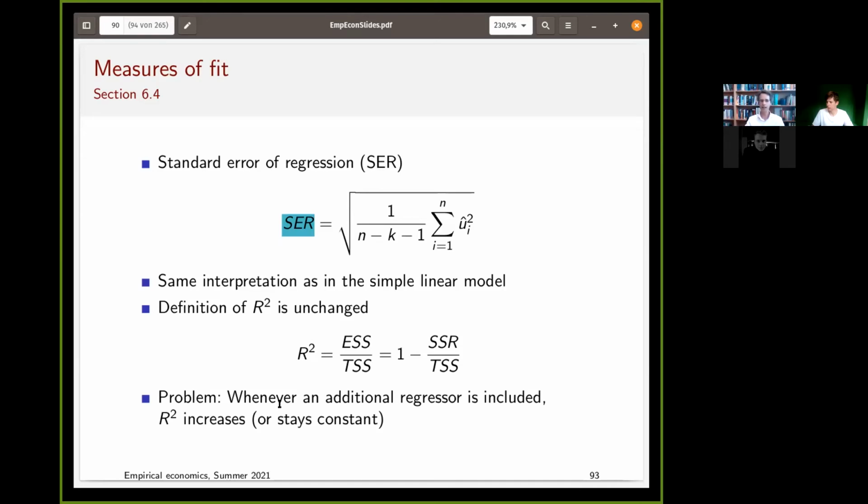So if we add regressors to our model, then R squared will never decrease, but in general will increase. So it's not a good idea to use R squared in this way as a device to say which model is better, because it would always prefer models with more coefficients in contrast to models with fewer coefficients, regressors.